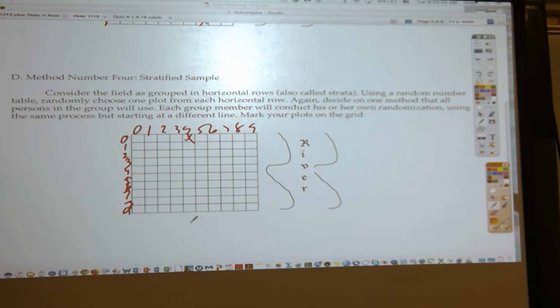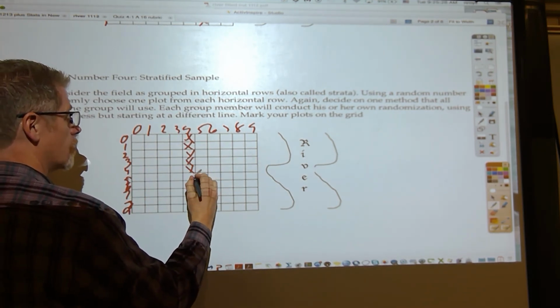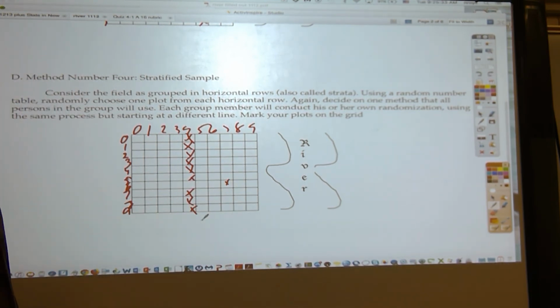Did you hear that question, class? Andrew said, if you get something weird, like most of them are column 4, except for one of them over here, should you redo it? No. Just pick a sampling strategy and commit to it.